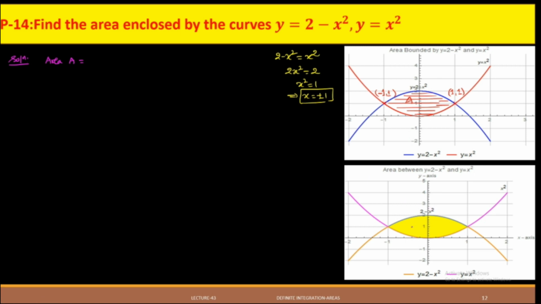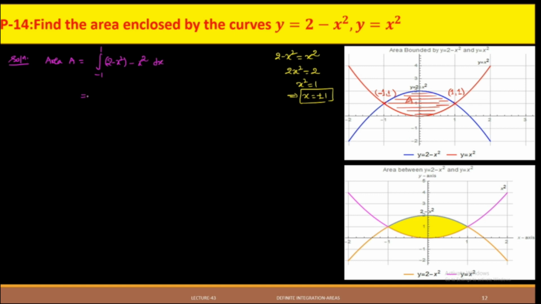Now let us find out the area of the required region. Area is equal to integral from minus 1 to 1. The upper curve here is y is equal to 2 minus x square, minus the lower curve, y is equal to x square.